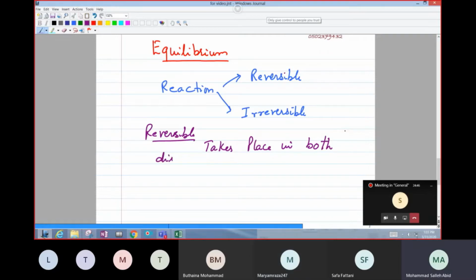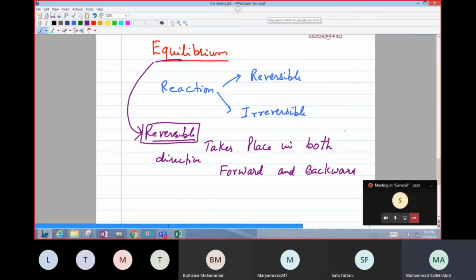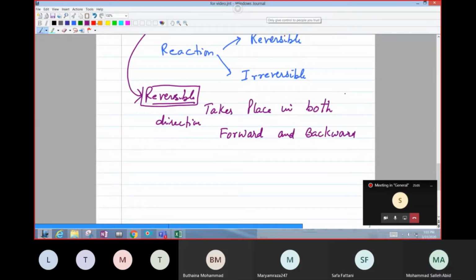Now, when you say both directions, what are the both directions? The forward and backward. So in our chapter for equilibrium, we are focusing only on reversible reactions. How do you represent this? Irreversible is only in one direction.